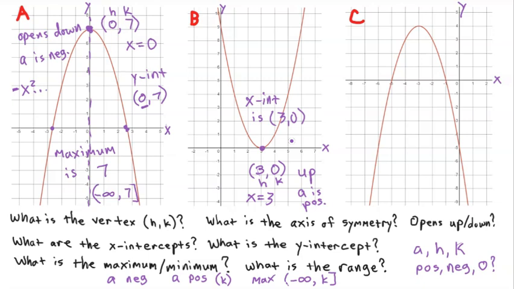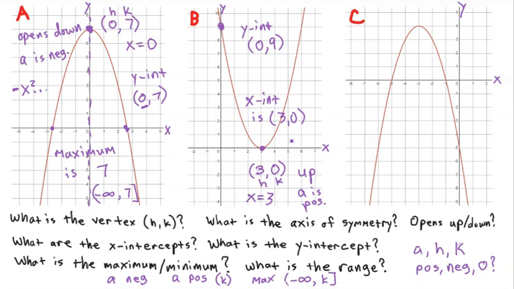Okay. What is the y-intercept? Well, if we go all the way up here, we can see that the graph crosses over the y-axis at 9. And so the y-intercept is 0, 9. Remember, all y-intercepts start with 0. The y-intercept is 0, 9.